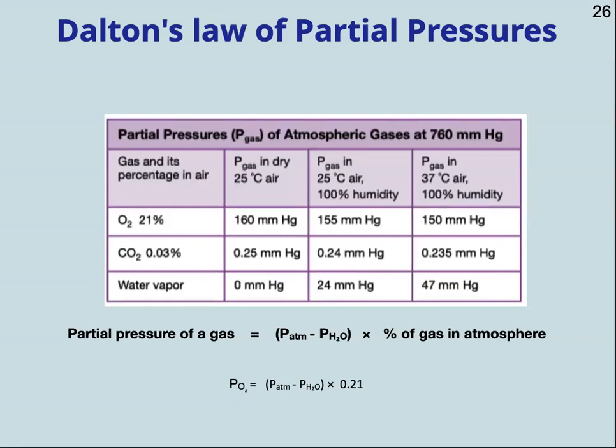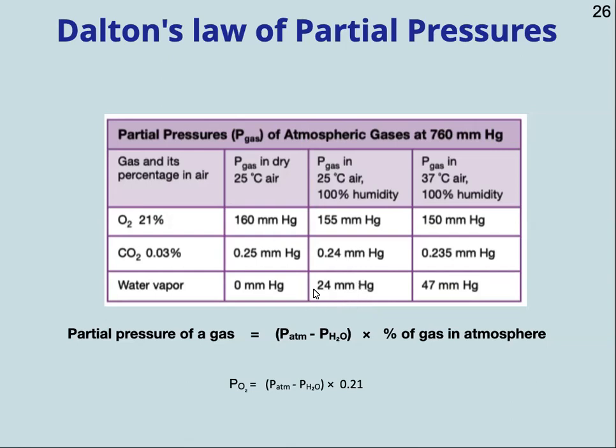In humid air, water vapor is going to dilute the contribution of other gases to the total pressure. For that reason, to calculate the partial pressure of a gas in humid air, you have to first subtract the water vapor pressure from the total pressure. For example, at 100% humidity and 25 degrees Celsius, water vapor pressure is 24.